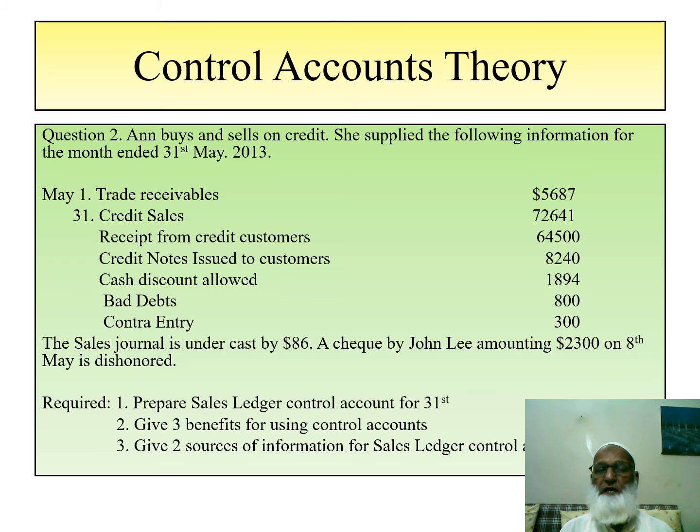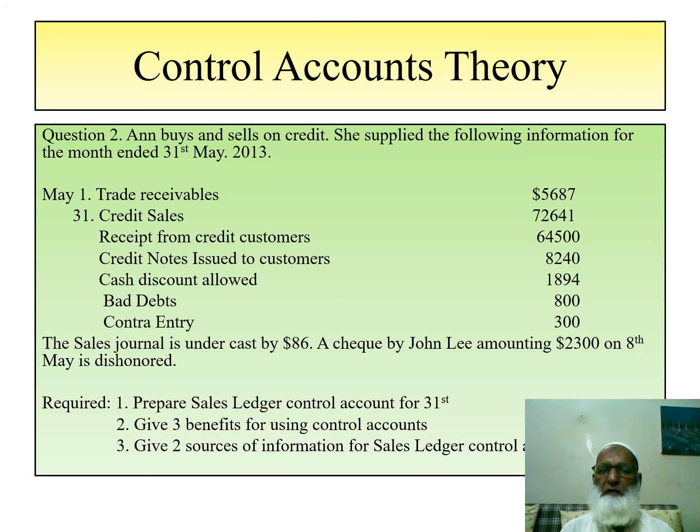The credit notes are issued to those customers who have returned their goods for some reason, but instead of writing sales returns, it is written credit notes, so that we understand it's the same thing. The amount for this is 8240. Cash discount allowed was 800, and bad debt was, sorry, 920.